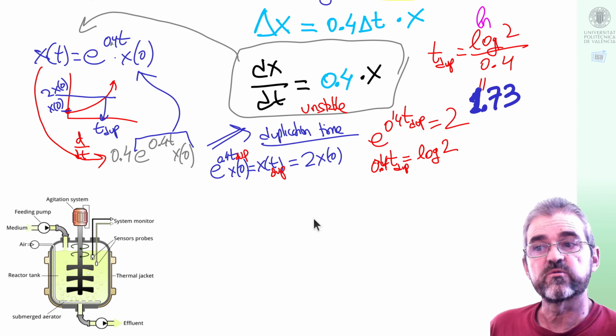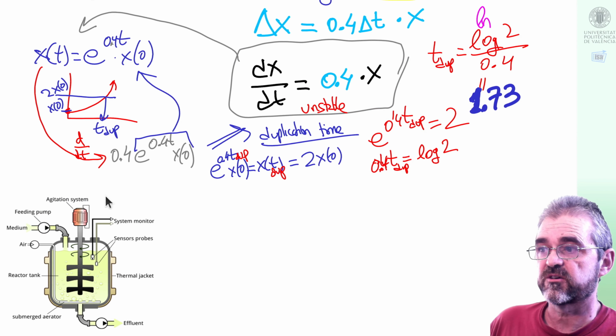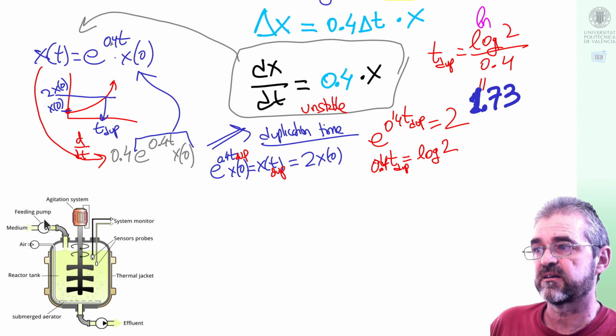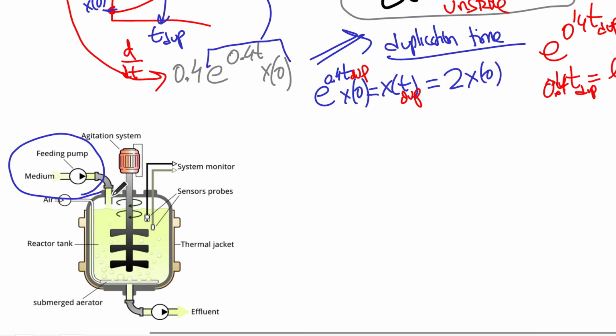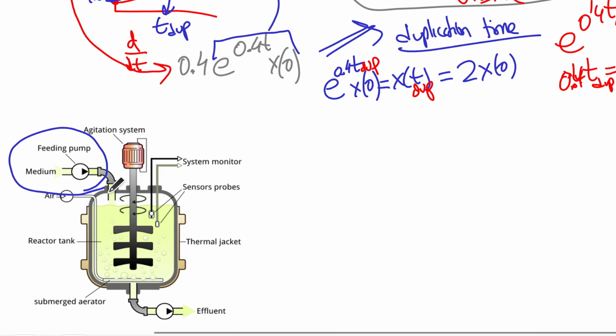The next refinement we may think of is considering a manipulated tank in which I am able to add new live bacteria, if I wish so, via this feeding pipe, or I am able to extract bacteria by this effluent pipe.